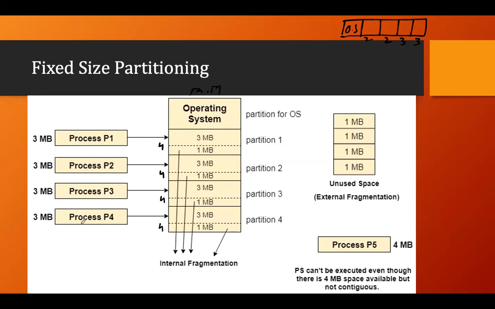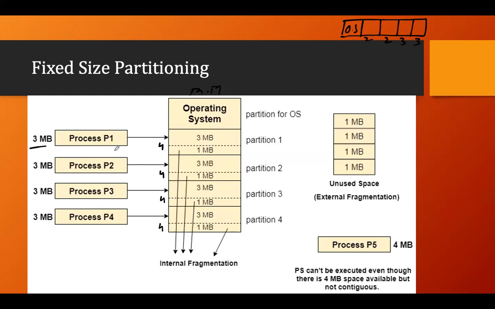Now, these are the processes that we have to put into the memory. Let's say I am putting P1. What is the size of P1? It is 3 MB, and the size we have available is 4 MB. Can I accommodate P1? Yes, I can. So in partition 1, I accommodate process 1.